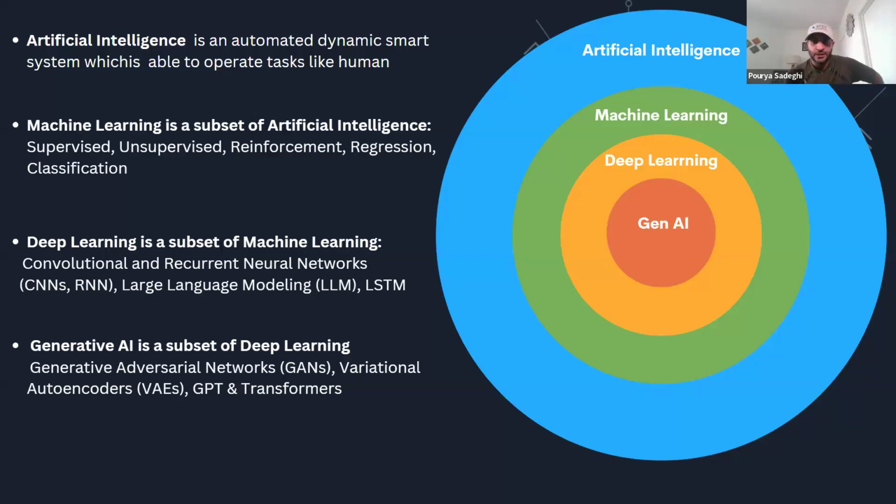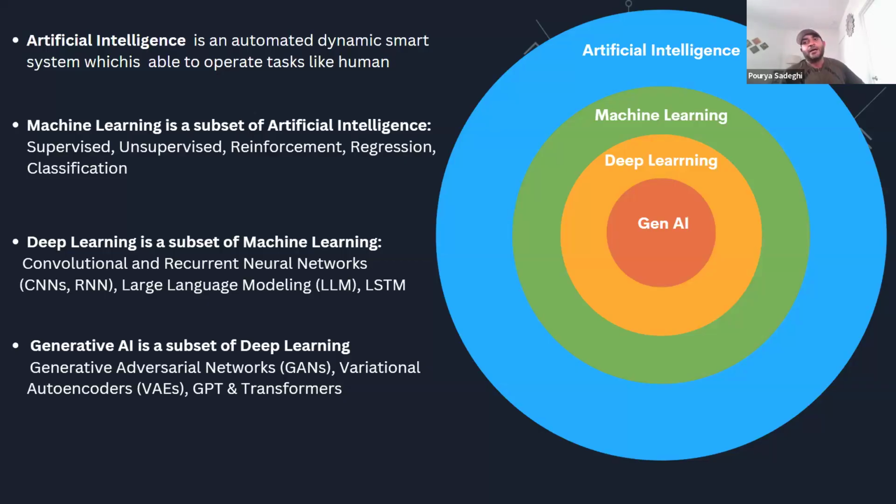It's been here since a long time ago. For example, when you send a text message, it suggests another word, right? That's large language modeling. And maybe Google search, suggesting to complete your sentence about what you're going to search. These are all large language modeling that we are using.